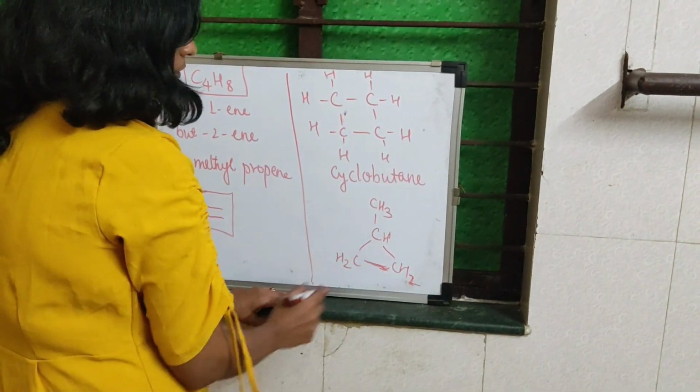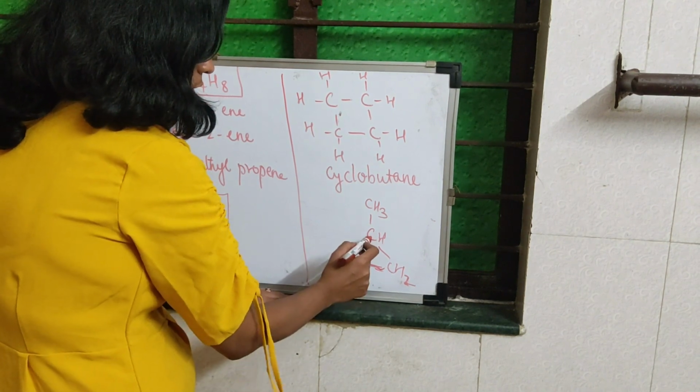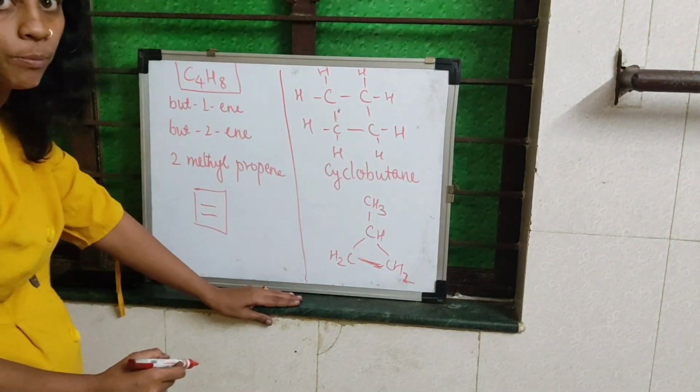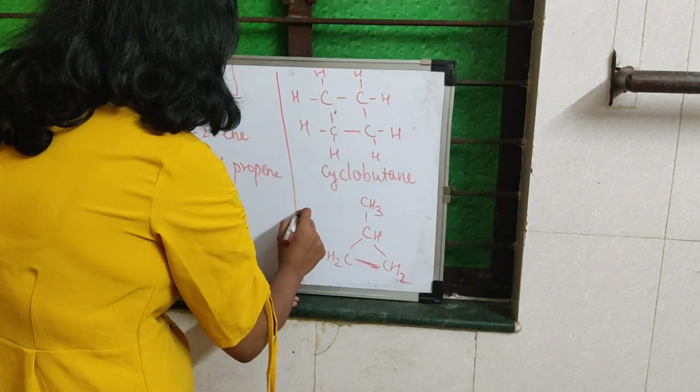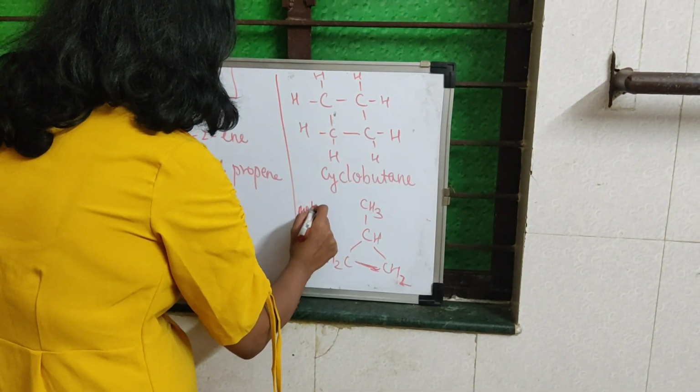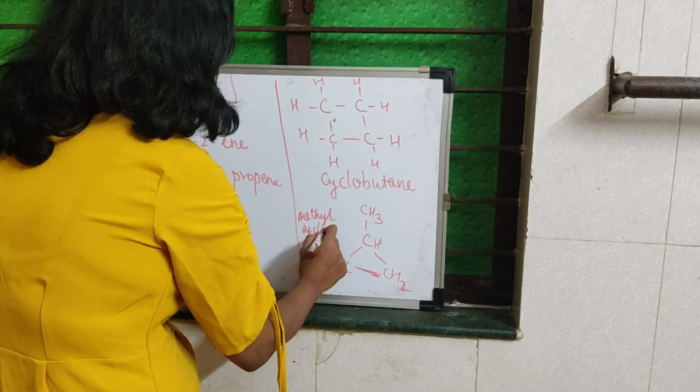Now, the name of this compound. You remember in the last section we saw that this is called cyclopropane, and to that methyl is added. So the name of this compound is methylcyclopropane.